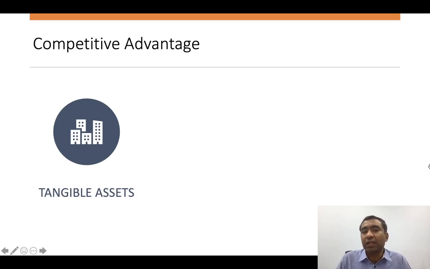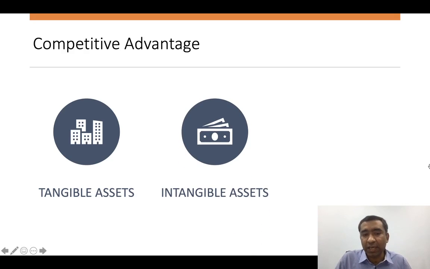The second is intangible assets: your brand value, your name, your organizational image. All these are intangible assets that are valuable for any organization. If you have good tangible or intangible assets, they can give you a competitive advantage over your competitors.